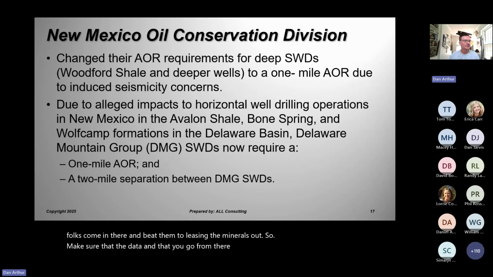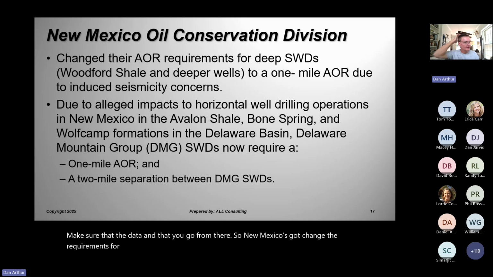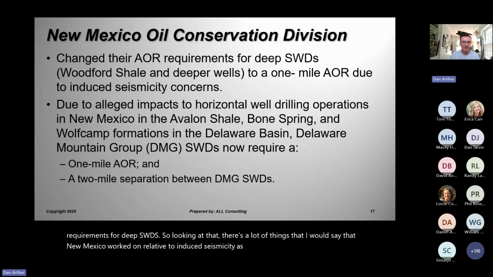So New Mexico has changed the requirements for deep SWDs. Looking at that, there's a lot that I would say New Mexico worked on relative to induced seismicity, as has Oklahoma and Texas.